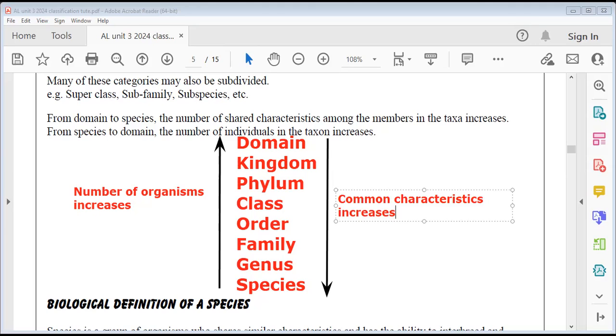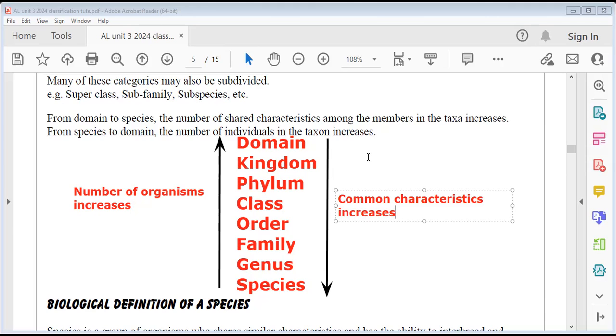Human and dog, human and monkey, with whom do we have more common characteristics? With monkey. So when you go down, the common characteristics increase. Clear?